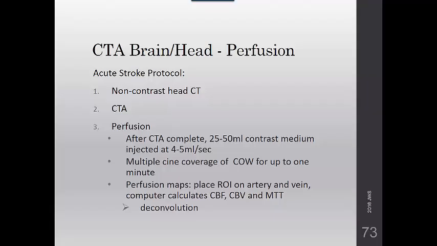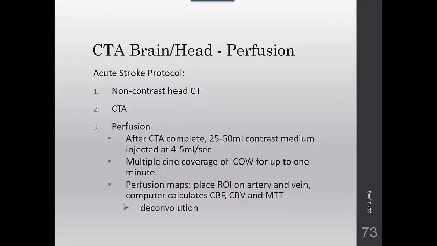The third thing is the perfusion portion of the study is performed, where after the CTA brain is complete, 25 to 50 milliliters of contrast is injected at about 4 to 5 milliliters per second, and then multiple cine coverage of the circle of Willis is obtained for up to 1 minute.